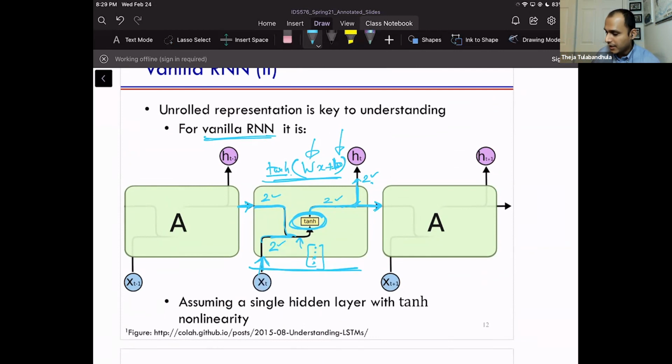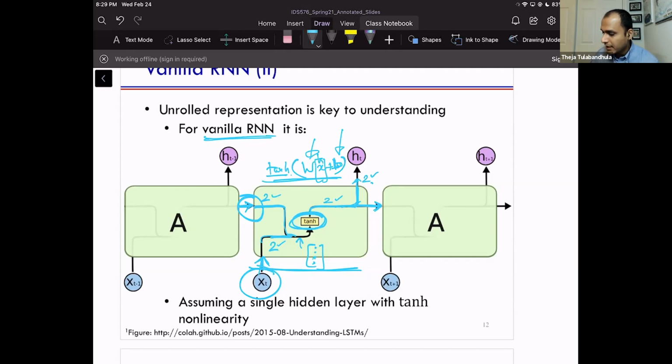Now what's happening? I'm taking xt, and I'm taking my own previous h. I just need to remember what the previous h was. I'm using h because it's a hidden output. Remember the previous h, take the current x. It's not just Wx, but W applied to h comma x.